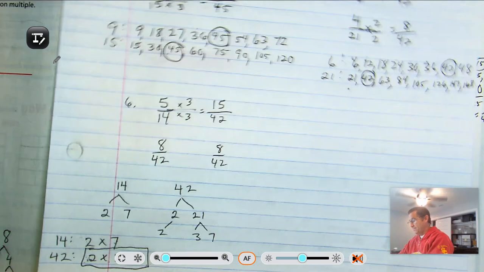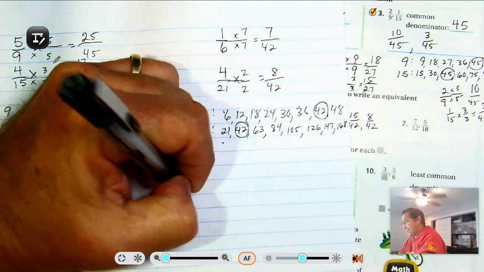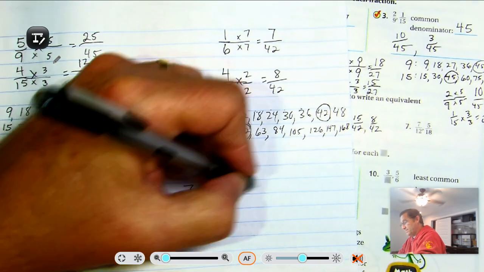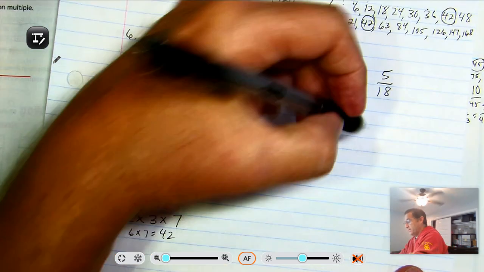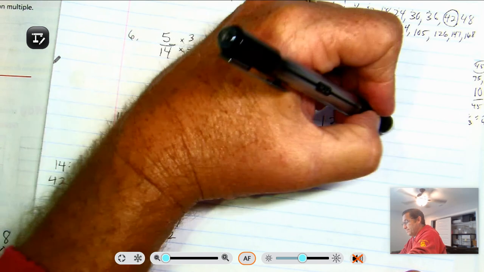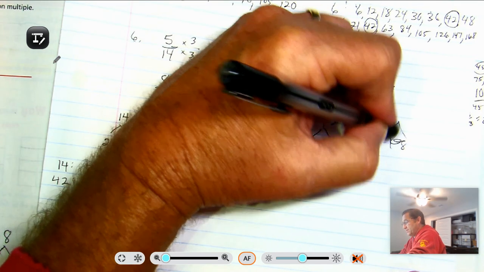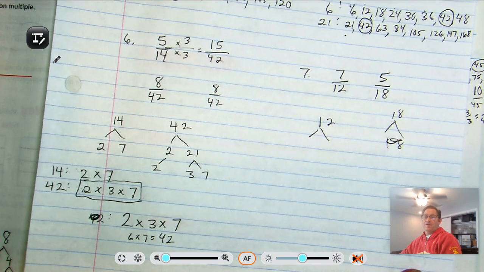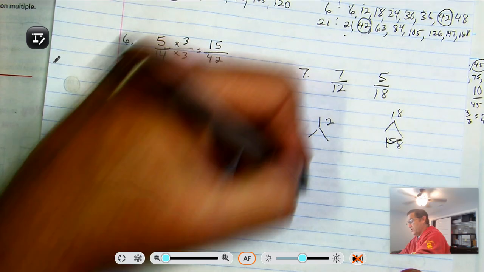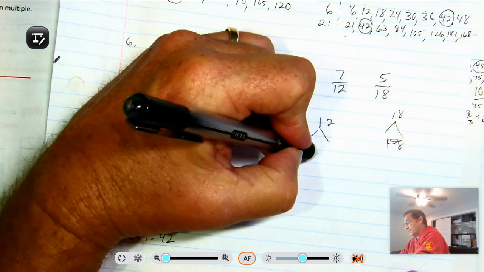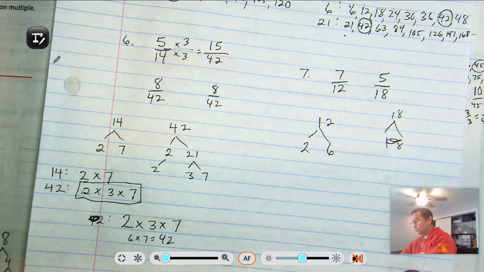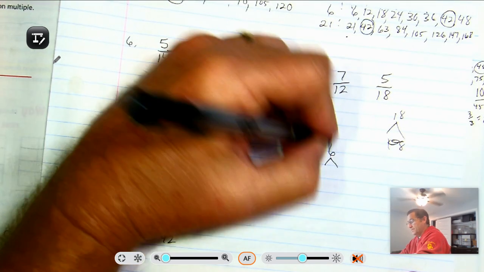And number 7. 7/12ths, 5/18ths. Right, I'm going to try prime factorization again. All right, so 12. I'm going to use 2 and 6. Well, 2 is prime. 6 is not.